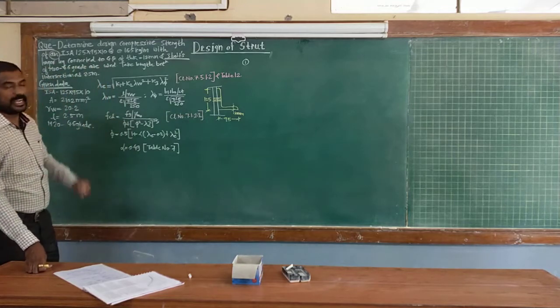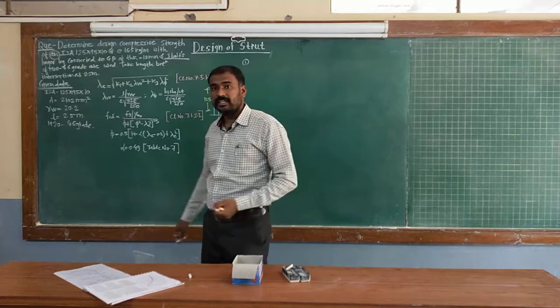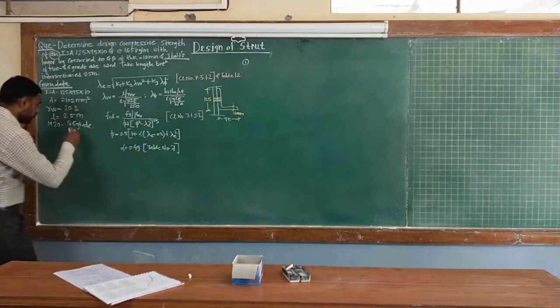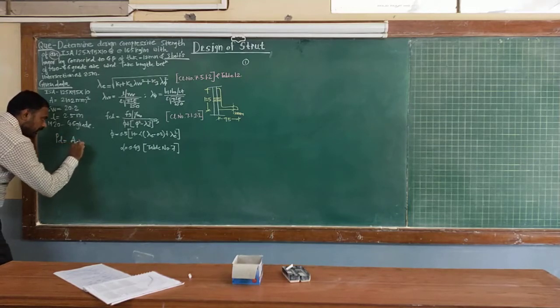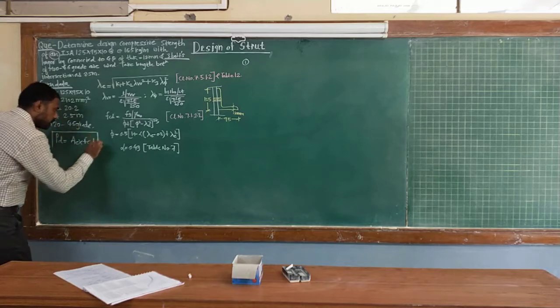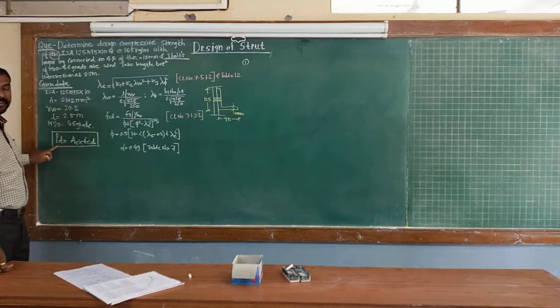For this particular angle section you need to calculate the design compressive strength, correct. We have a formula to calculate it: Pd equals area effective multiplied by fcd, that is the design compressive stress.